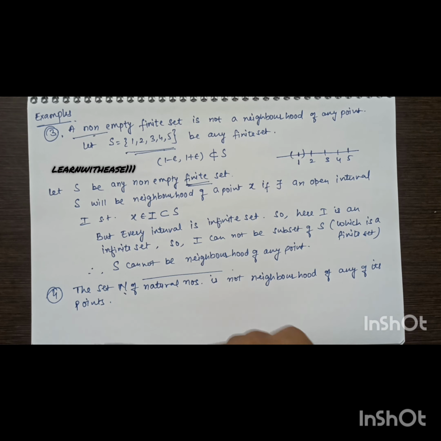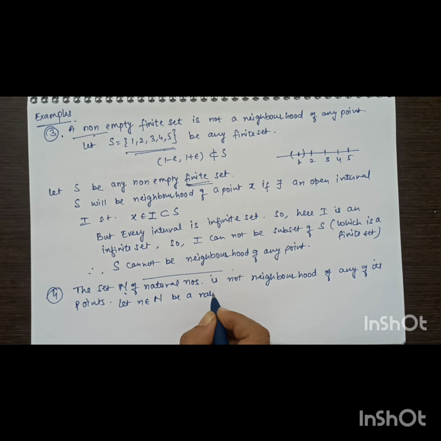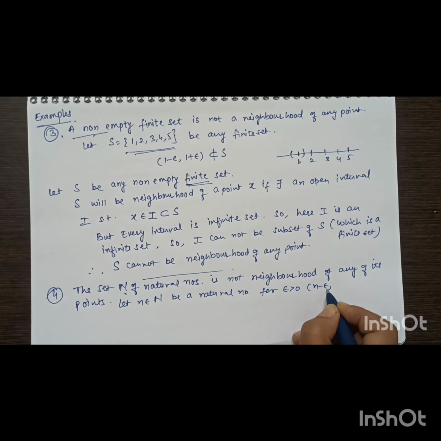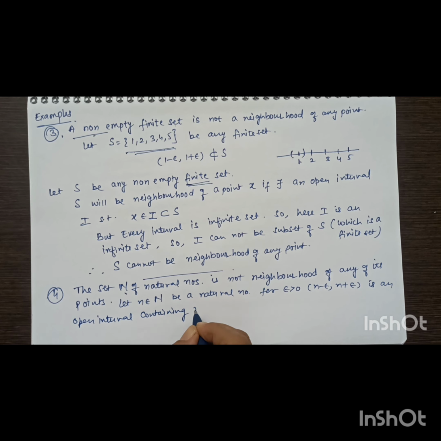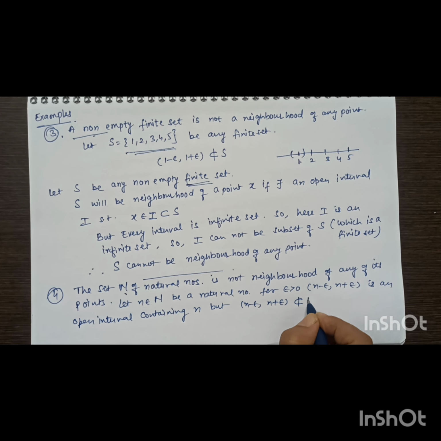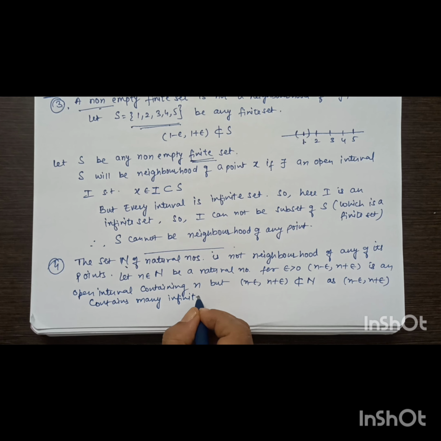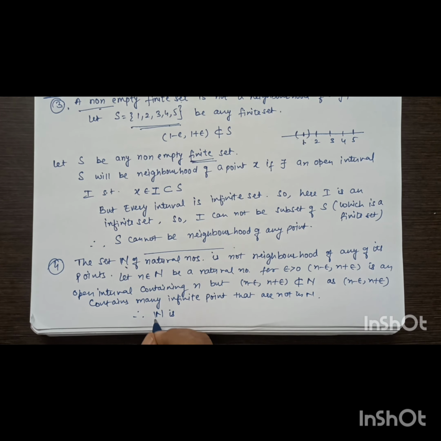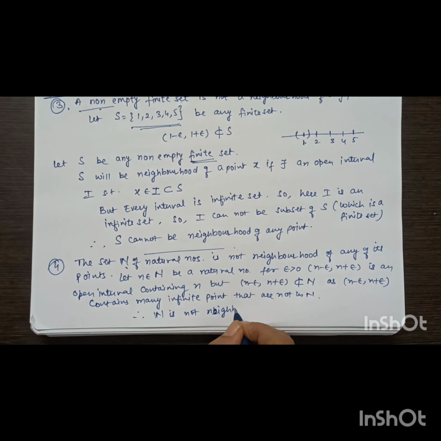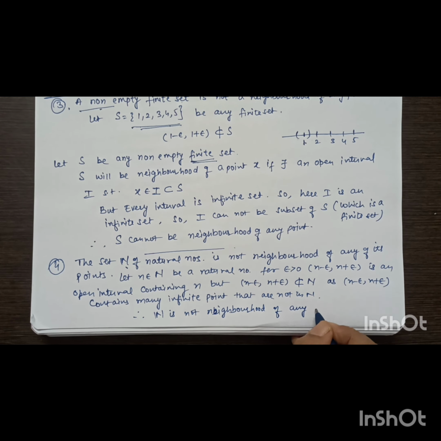Whenever a natural number is contained in an open interval, that open interval won't be a subset of N, because it contains many more points which are not natural numbers. So take any n belonging to N. For epsilon positive, (n minus epsilon, n plus epsilon) is an open interval that contains the point n. This open interval cannot be a subset of N, as it contains infinite points which are not natural numbers, right? So the set of natural numbers is not a neighborhood of any of its points.